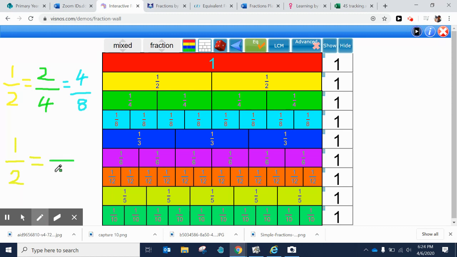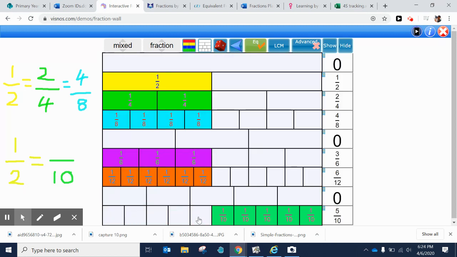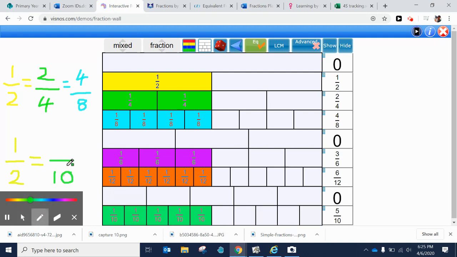So, I need to see what fraction is equivalent to a half. If we look at the line here and follow it all the way down, we can see that it is equivalent to 1, 2, 3, 4, 5 tenths. So here, I'm going to write 5 tenths.